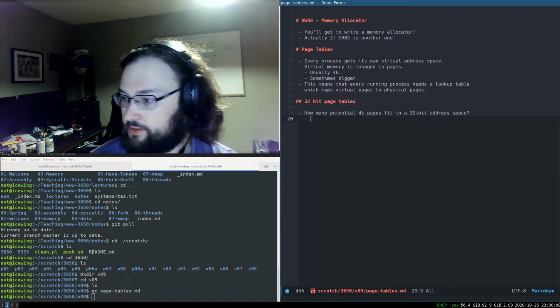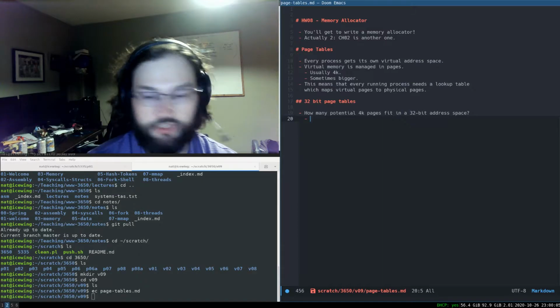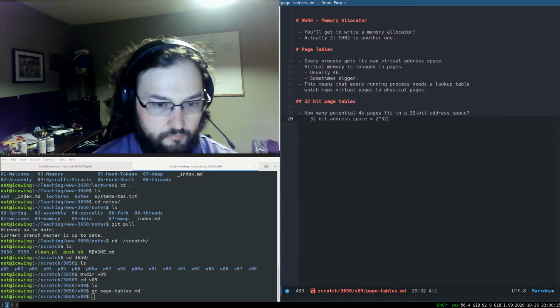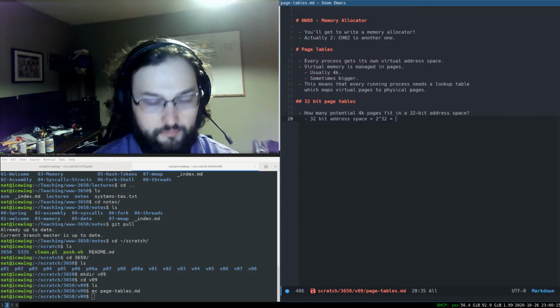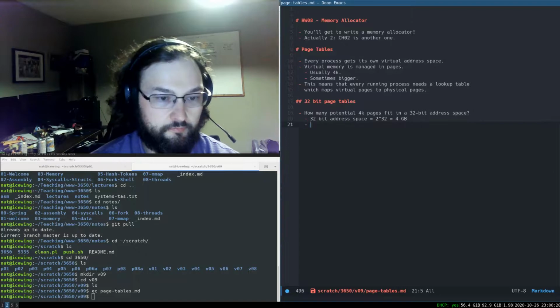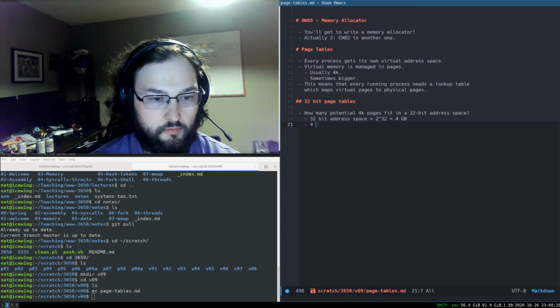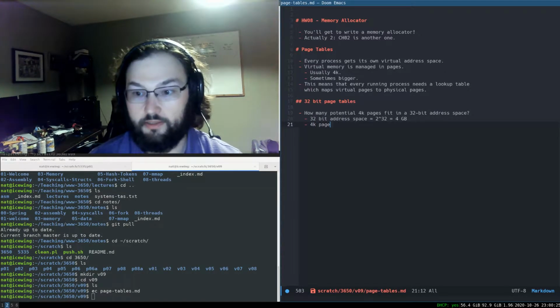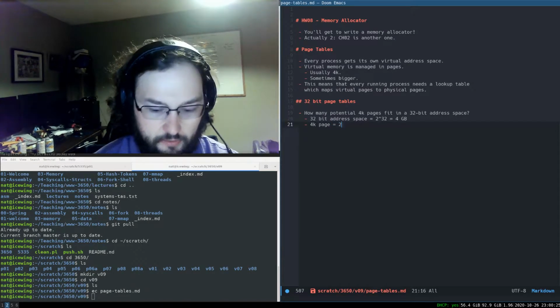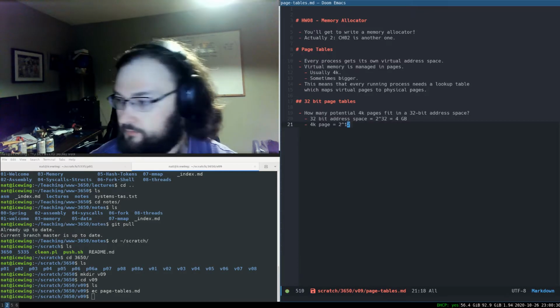So to answer this, we could just say that the address space is 4 gigabytes, and then divide that by the number of 4K pages. And the way that I want to do that is by saying that 4K is 2 to the 12.